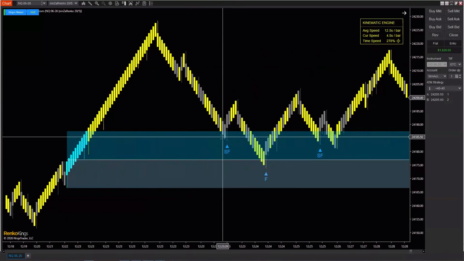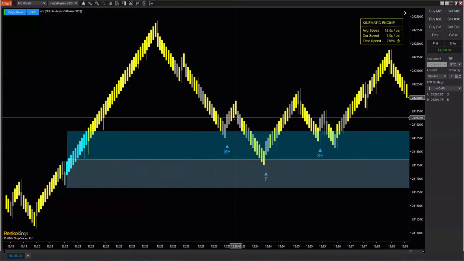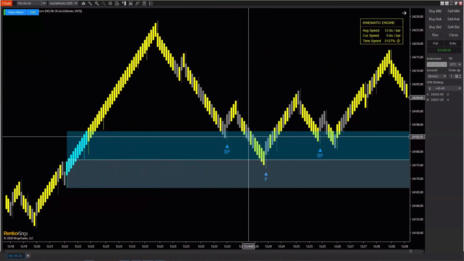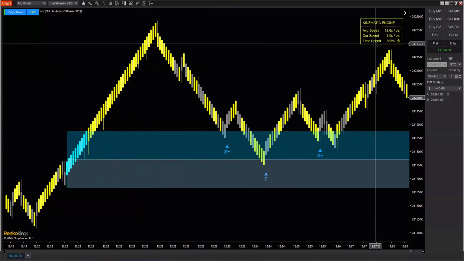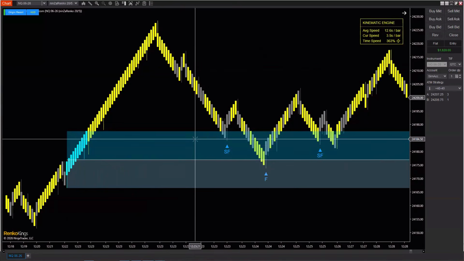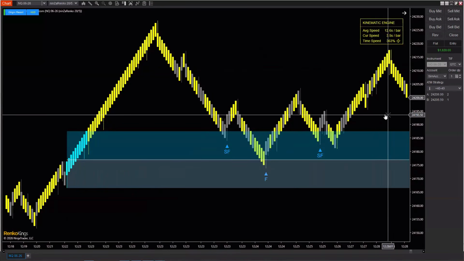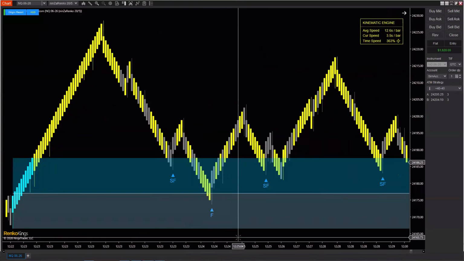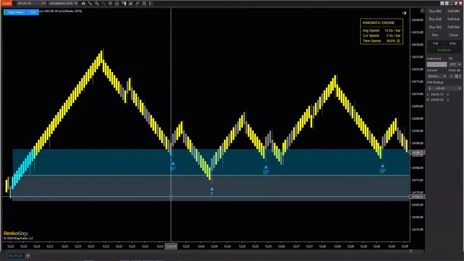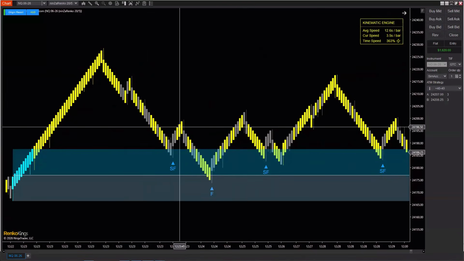As price enters, and I guess with confirmation, a bar must close out of it, or at least a bar must close up with some kind of momentum, right? So we have 1, 2, 3, price holds this zone. So we have a fast and we have a super fast.